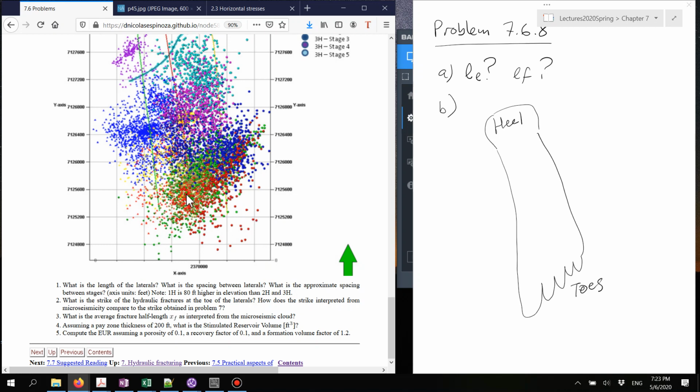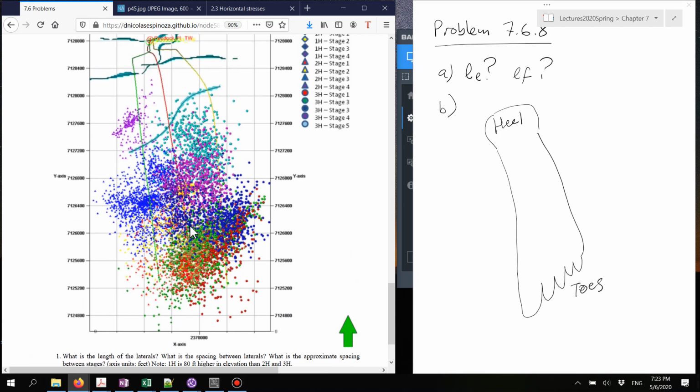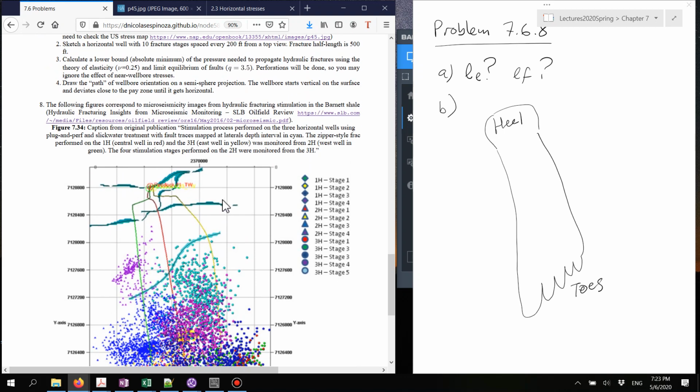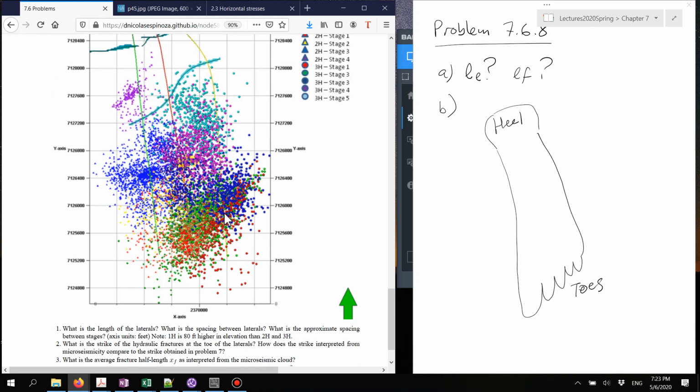From here, also you could interpret what is the fracture half length. Notice that if I consider the case of this fracture, which is growing out of wellbore 3H, and 3H is the yellow, the red cloud. You could tell from here what is the fracture half length.